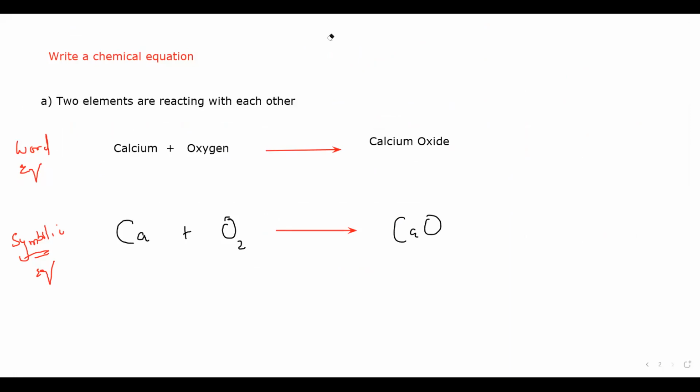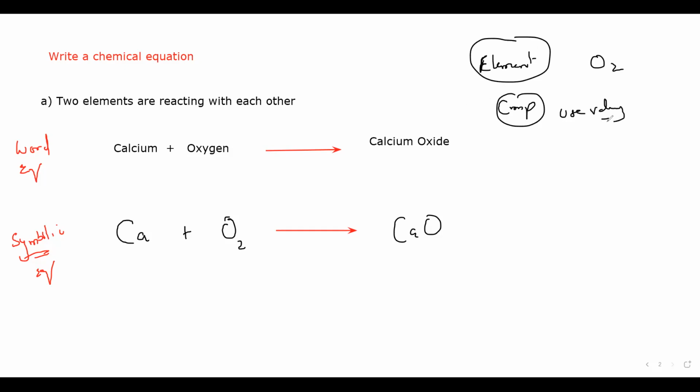Abdullah, if it is alone and in element form, then you will write O2. But when it forms a compound, you will use the valency. Like here for calcium oxide, we will not write O2 because it's a non-metal. No, that is a rule which is valid for elements.